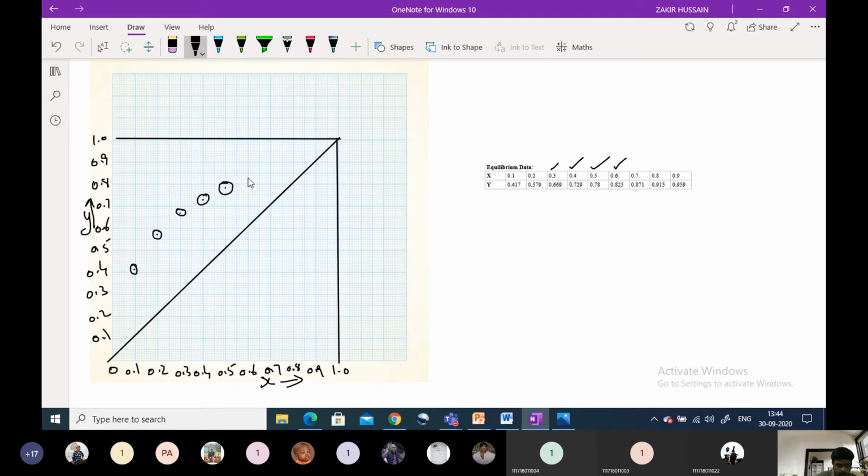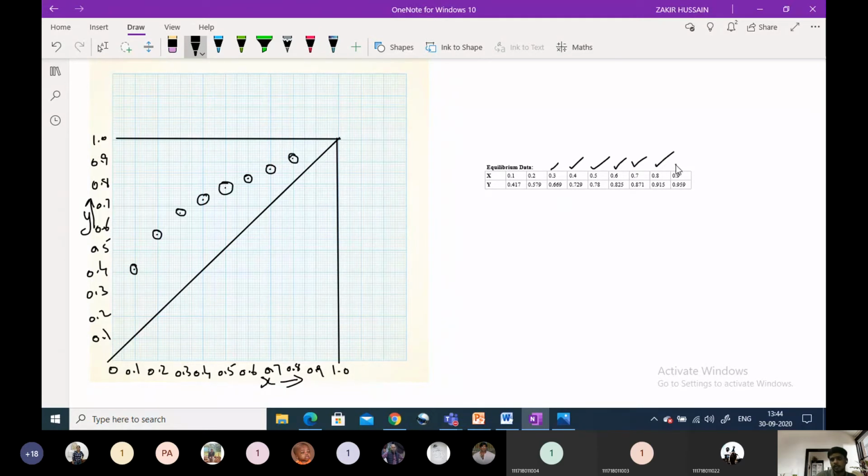Then the next is 0.7 and 0.871. Then the next point is 0.8 and 0.915, which you can take here.